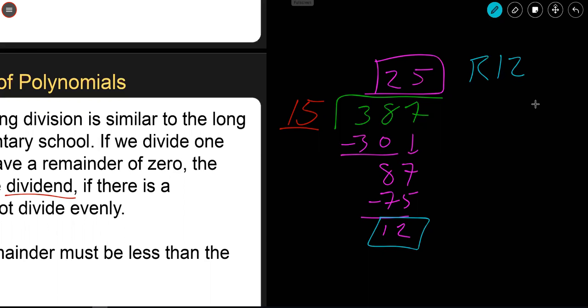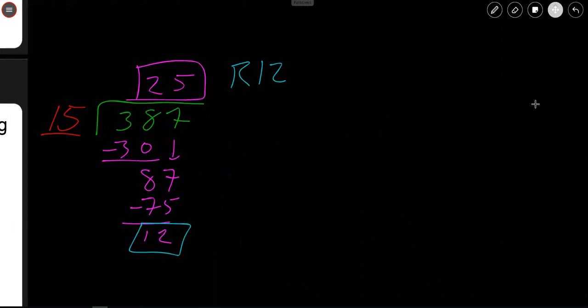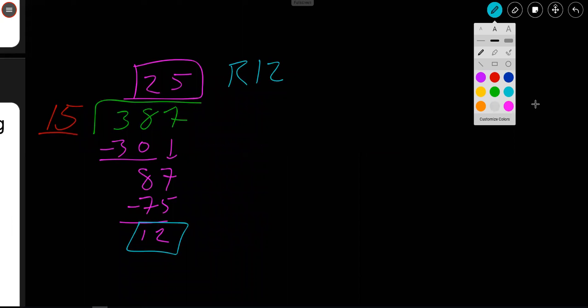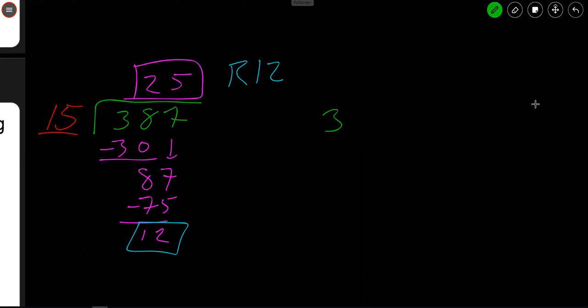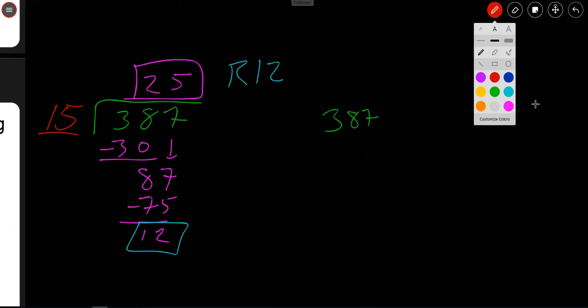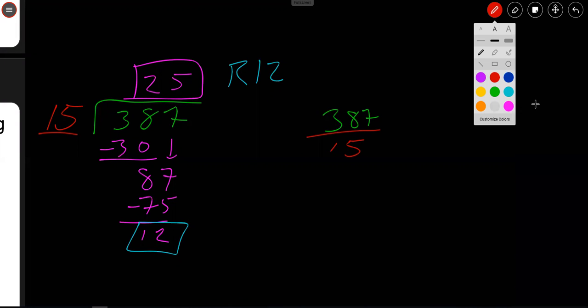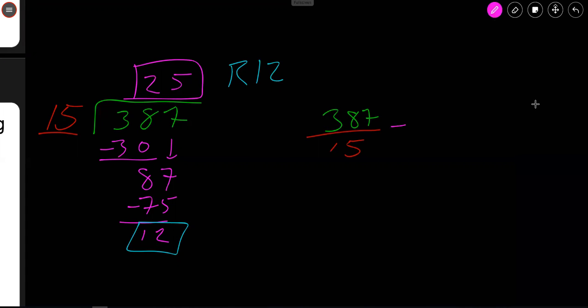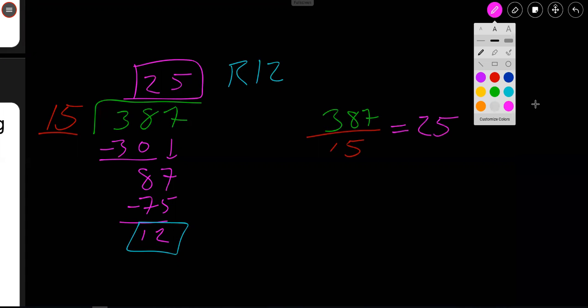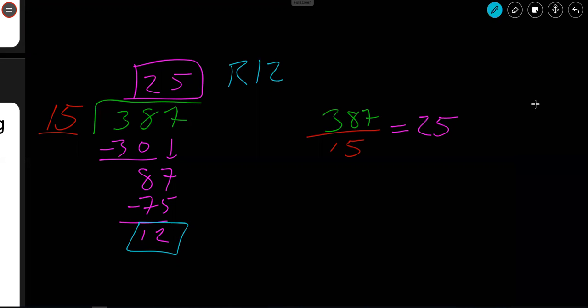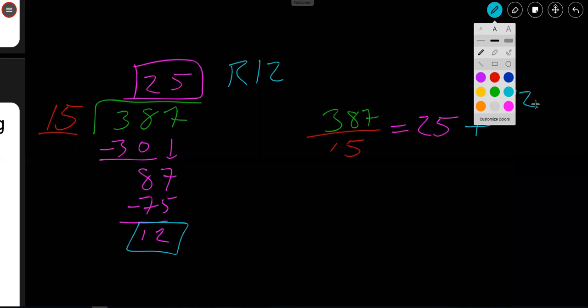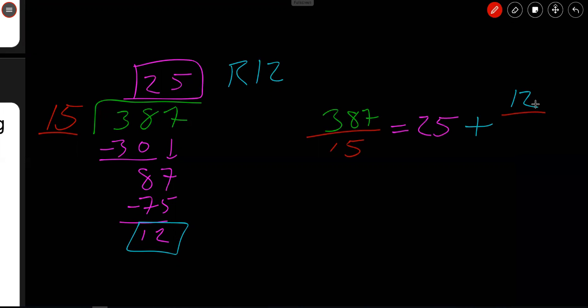So I could say that 387 divided by 15 is going to give me a quotient of 25, plus a remainder of 12, which itself, if I want an exact answer, is going to have to be divided by 15 again.